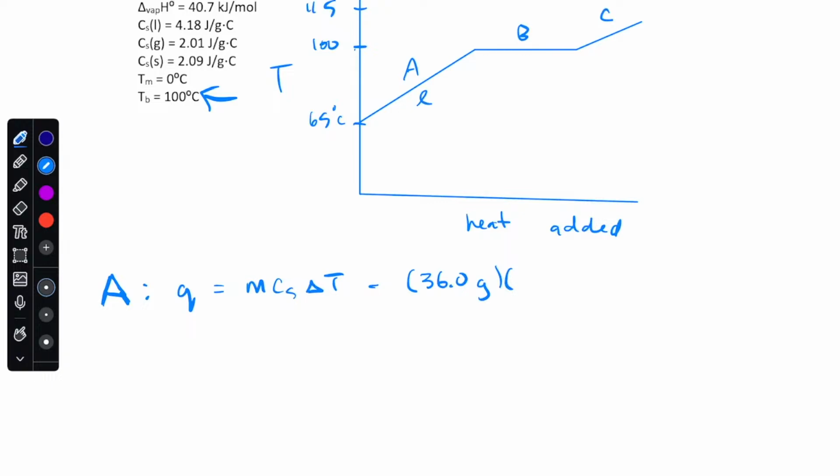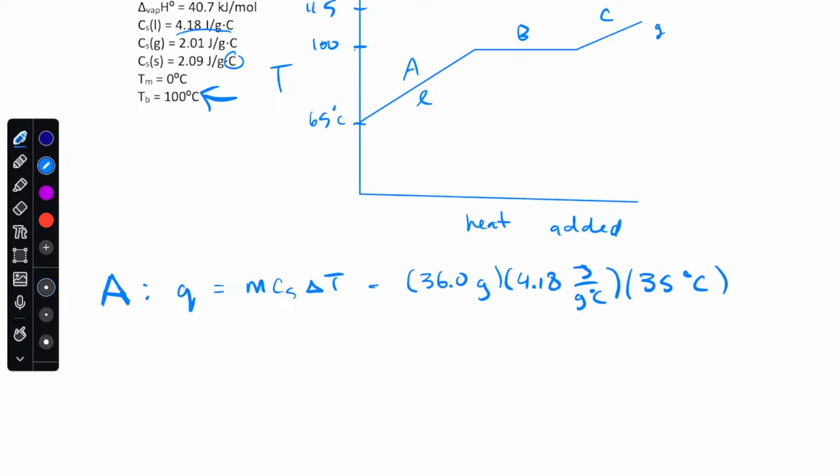The c, by the way, we're in the liquid phase here and we're a gas up there, so you pick the c for the liquid, 4.18 joules per gram degrees C. Those should be degrees C here, not just C. It's an error on this. And delta T is going from 65 degrees to 100 degrees. So it's warming up by 35 degrees Celsius.